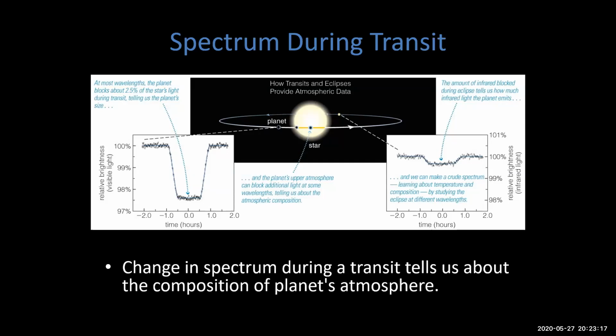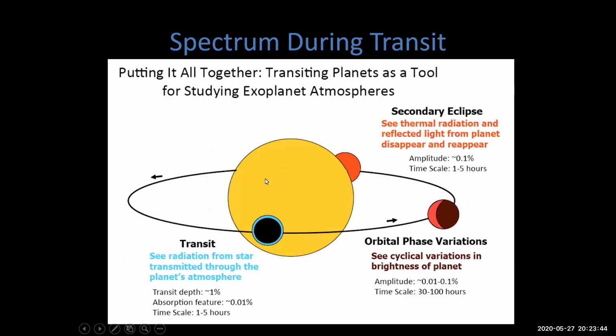So this light is getting altered by the planet itself. We can focus on this light and make a spectrum by subtracting the star's effect. It's tricky, more tricky math stuff.